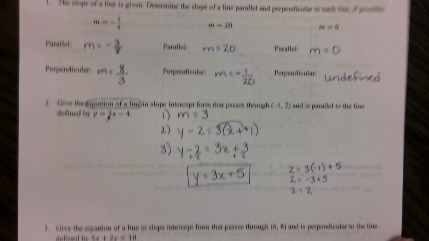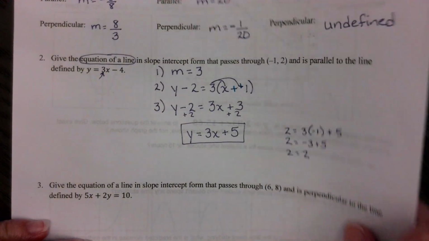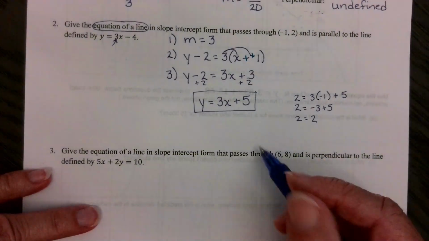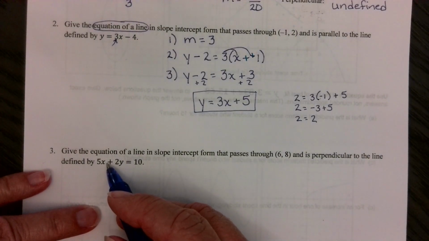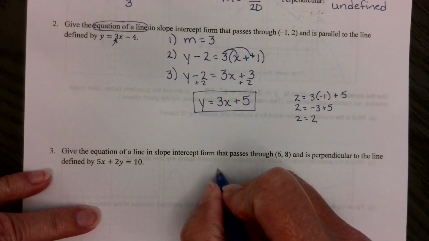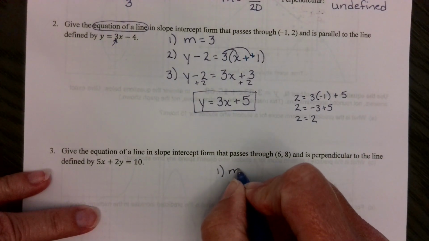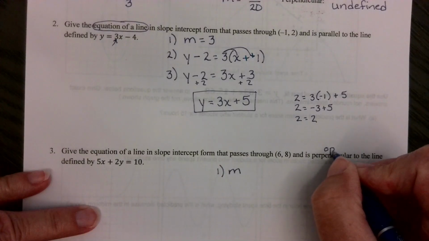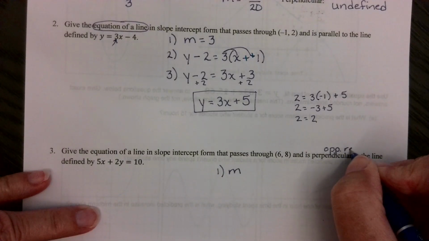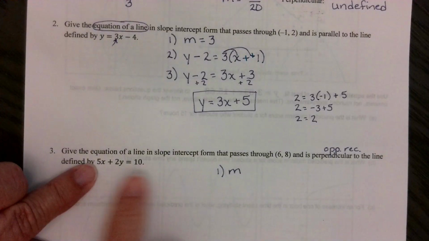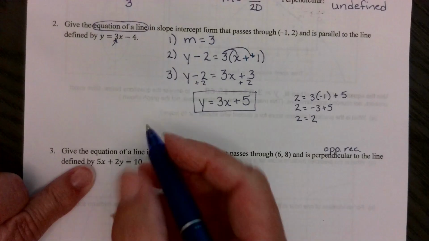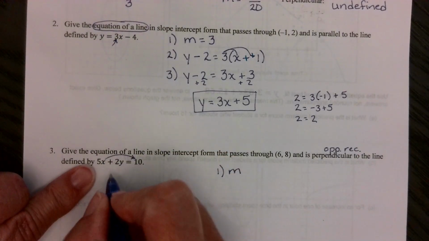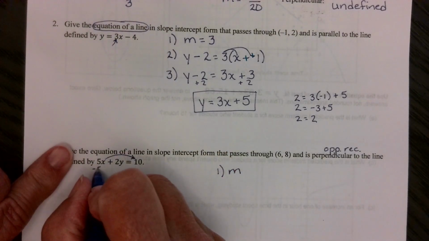Right here, give the equation of a line in slope-intercept form that passes through 6, 8 and is perpendicular to this line. Now, we need to know the slope. I know that it's going to be the opposite reciprocal. But the first thing is, I've got to find what the slope of this line is. So I've got to solve for y. I'm going to take the 5x to the other side by subtracting it.